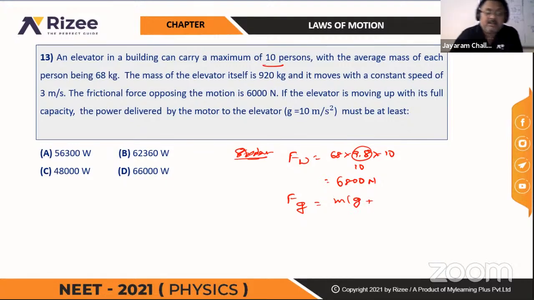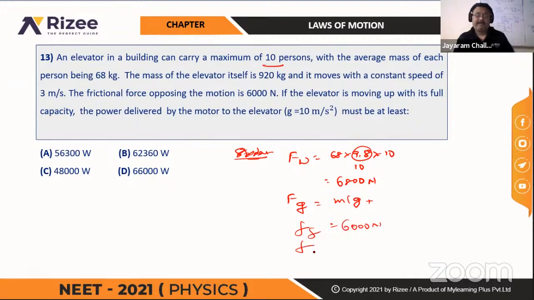We need to find out the total force required to move this. One is the force due to each and every person, 68 kg each, with weight 10 newtons multiplied with 10. Now another is the frictional force. The force of friction is, as already provided, 6,000 newtons.